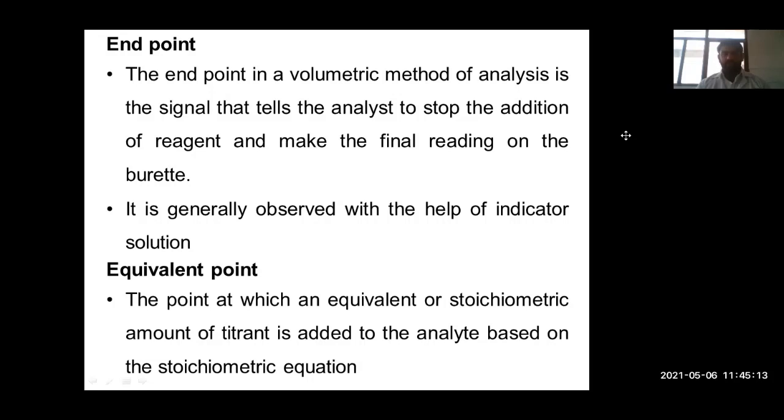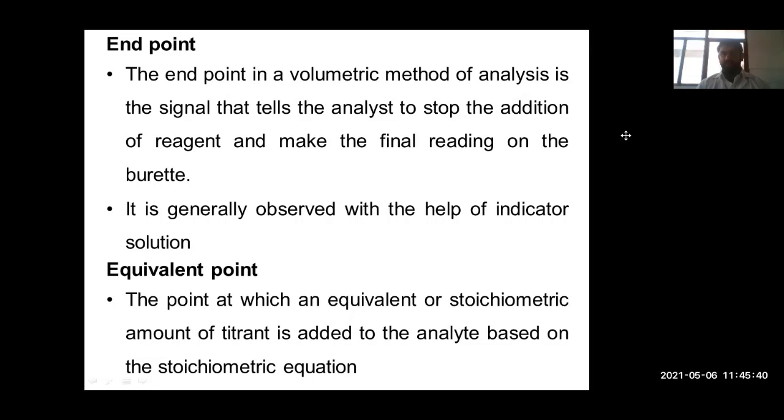Endpoint. The endpoint in a volumetric analysis is the signal that tells the analyst to stop the addition of reagent and make the final reading on the burette. It is generally observed with the help of an indicator. Indicators are auxiliary compounds or solutions of auxiliary compounds which show color change in acidic and basic conditions.